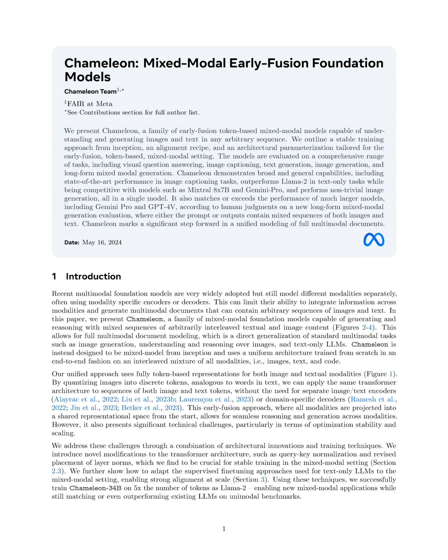These modifications are crucial for stable training in the mixed-modal setting. Additionally, Chameleon adapts supervised fine-tuning approaches used for text-only large language models to the mixed-modal setting, enabling strong alignment at scale. The model uses an early fusion approach where all modalities are projected into a shared representational space from the start, allowing for seamless reasoning and generation across modalities.